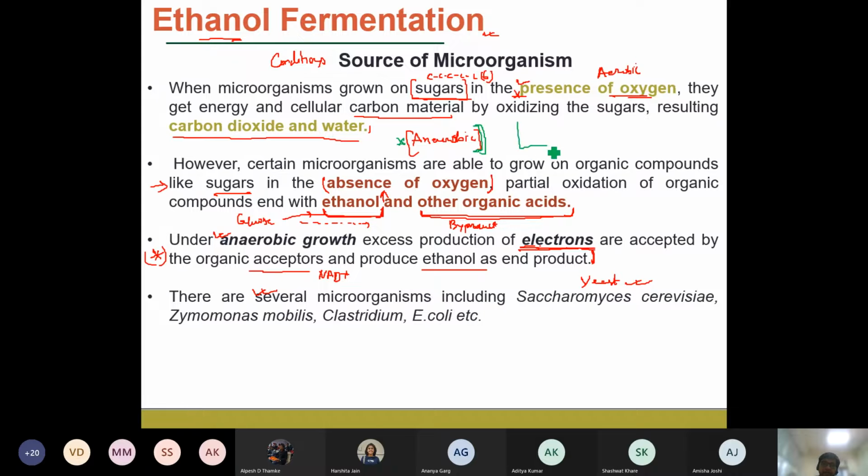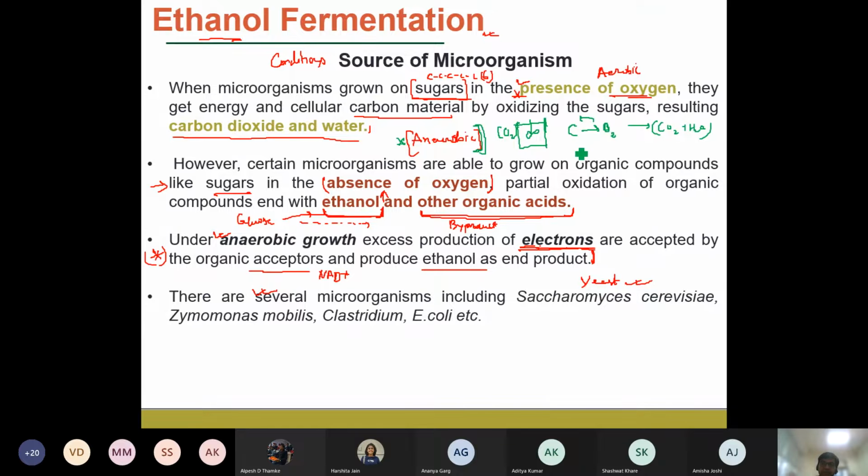Whenever we have a bioreactor system, it has to be a closed reactor, and oxygen has to be absent, because the presence of oxygen will inhibit the production of ethanol. Why is that? If we have the carbon source and an oxygen environment, most of it will be converted into carbon dioxide and water, because oxygen will completely oxidize the carbon source.